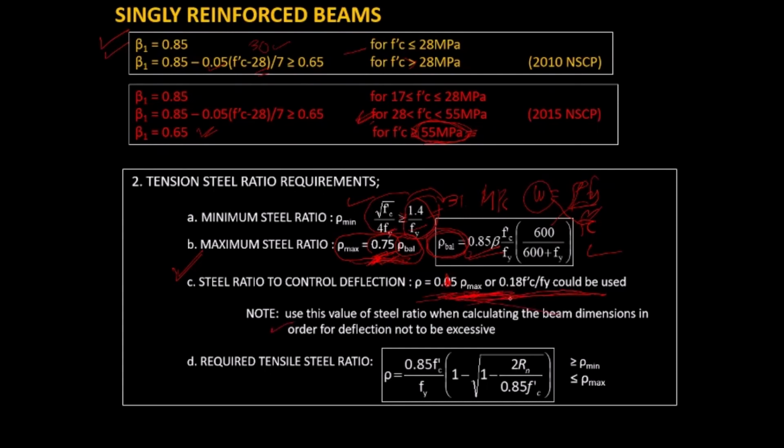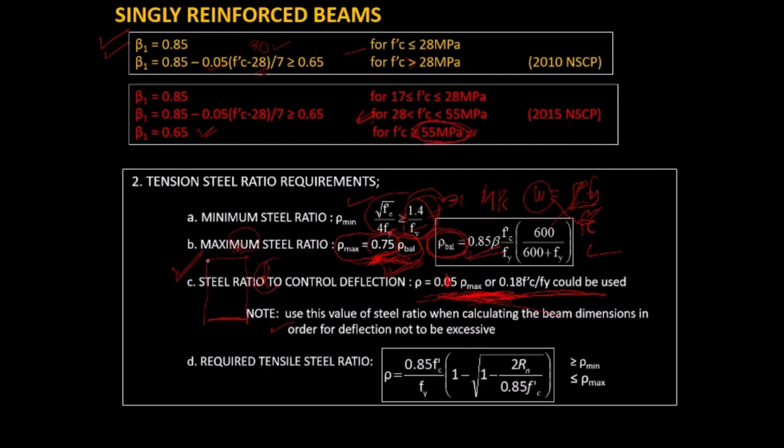So, by the way, kapag nag-design tayo, actually pwede tayong maraming design computations ng beam. Pwede, halimbawa, pinadesign ka ng rectangular beam, hindi binigay yung b and d. So, b and d, ito yung pinakamahirap na nag-design. Walang given na dimension.